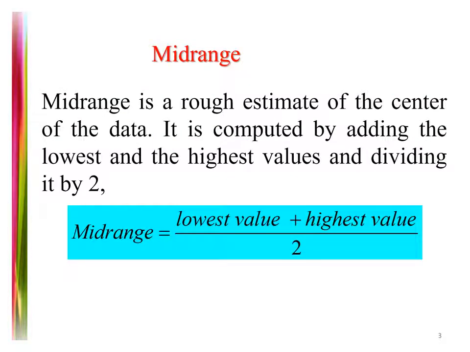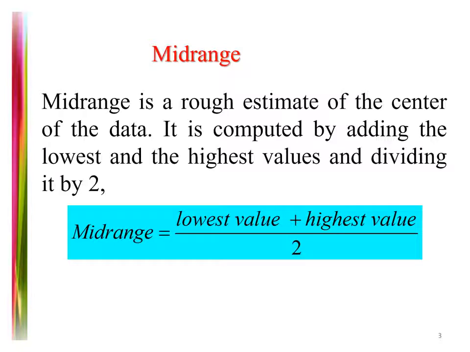Okay, so next one, mid-range. Mid-range is a rough estimate for the center of the data. It is computed by adding the lowest and the highest value and dividing by 2. So maximum value plus minimum value divided by 2 equals the mid-range.